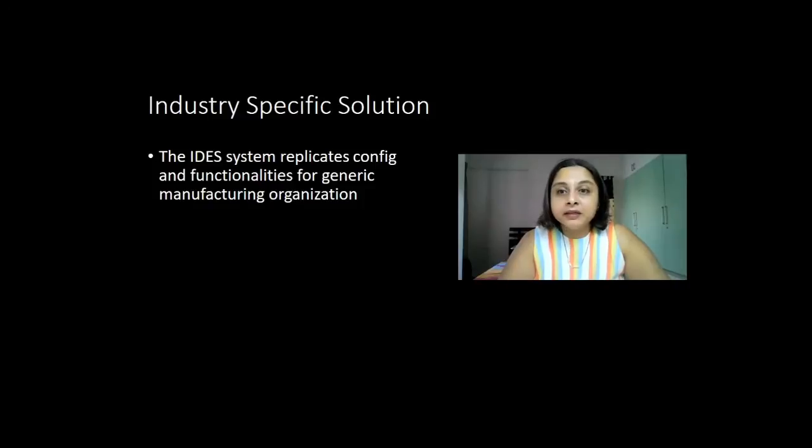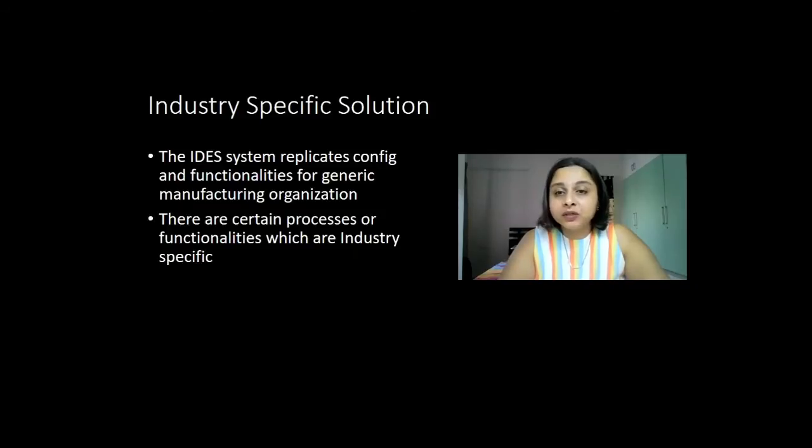The next term which we are going to talk about is industry-specific solution. Now, the problem with IDES is that it replicates the business processes of a typical manufacturing company or organization. And there are certain processes or functionalities which are industry specific. Let us take the example of a few industries like auto industry, pharma industry, or semiconductor industry.